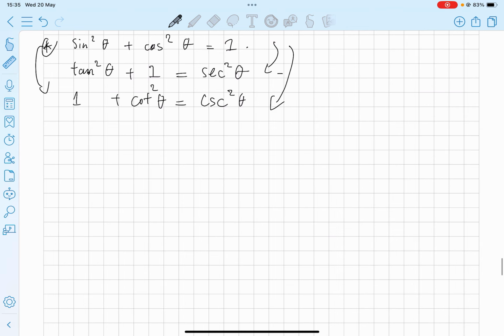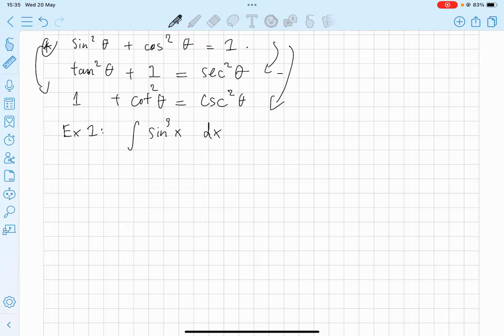Moving on to the first example of this video. We will evaluate the integral of sine cubed x dx.